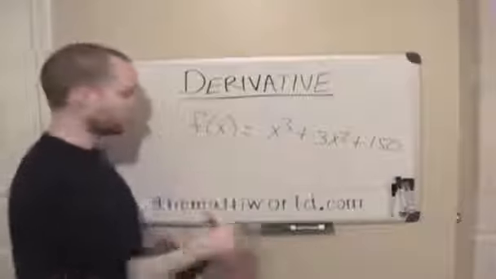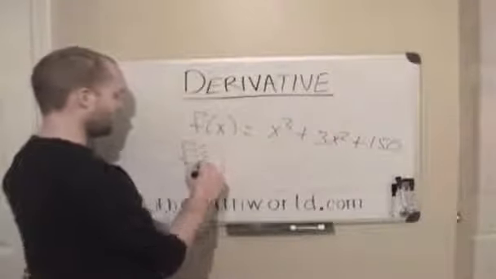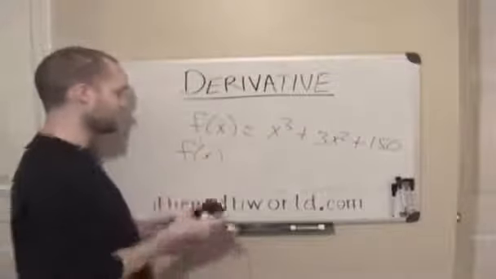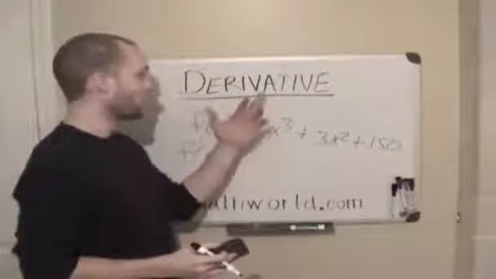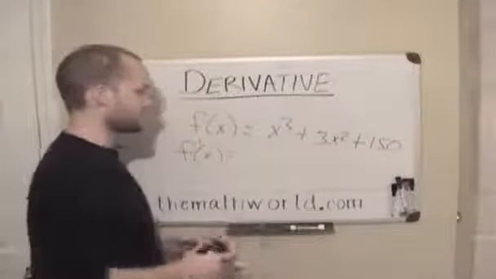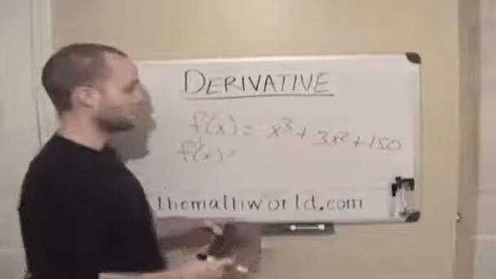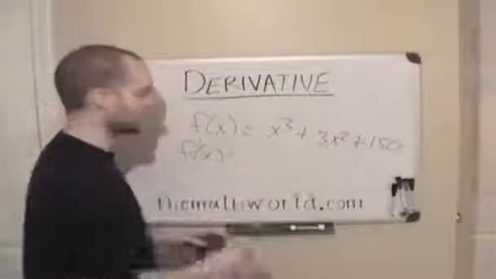If this is our function, they may ask what is f prime of x, or they may just ask you what is the derivative of this function. Here's how we're going to do it, and then we're going to talk about some additional things you want to know if it goes beyond just a simple function like this.